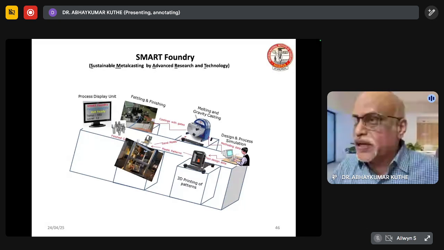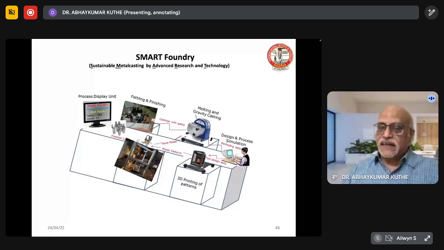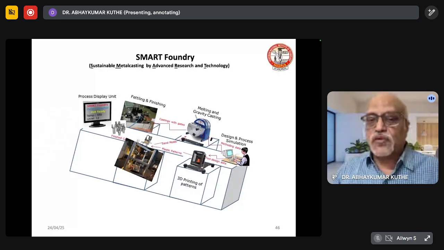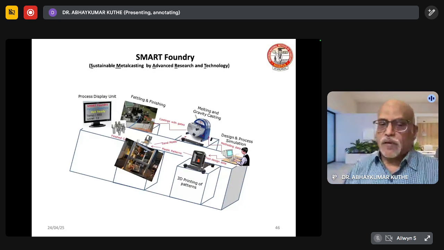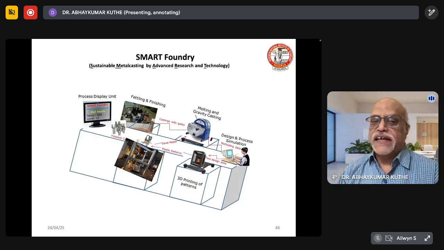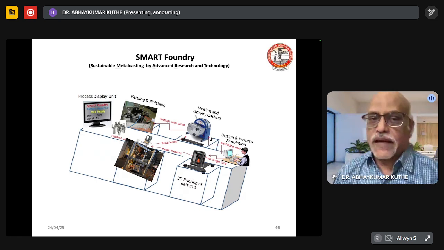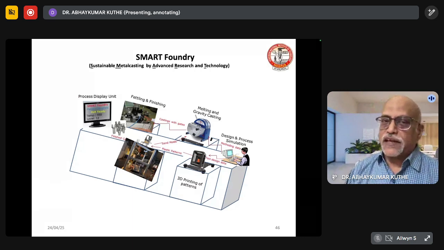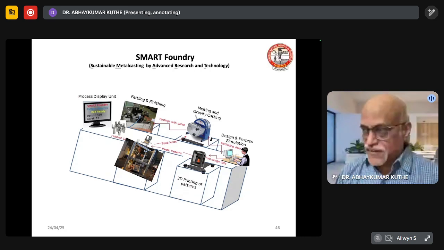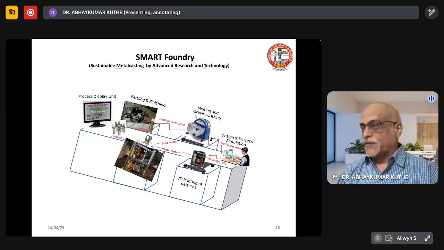Then ultimately you can use the melting and gravity casting, the so-called molding process, and finally the finishing and fitting, all of which will be available on the screen. So a person owning a metal casting industry will be in a position to see on the platform what exactly is happening with the product being cast.